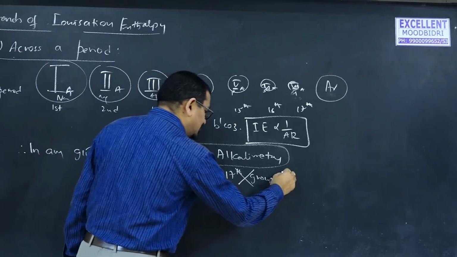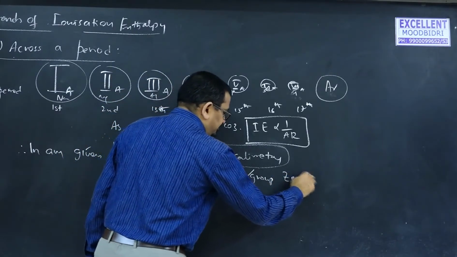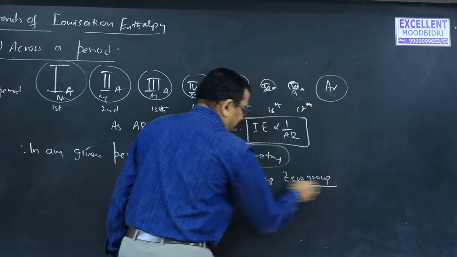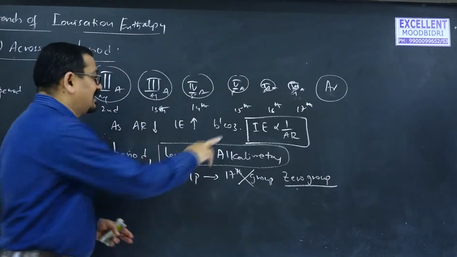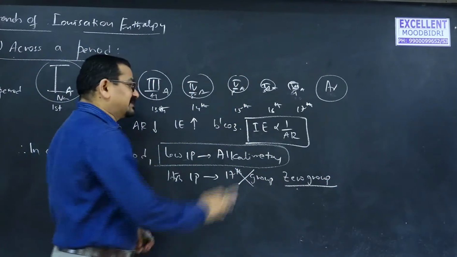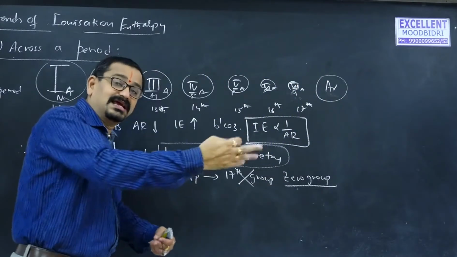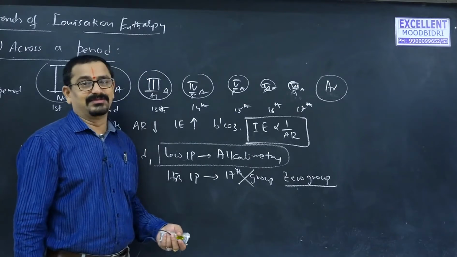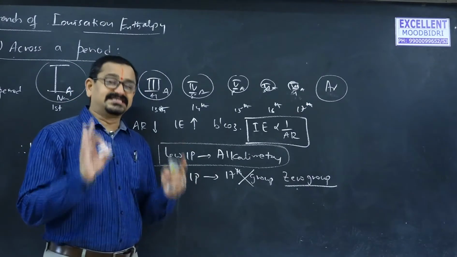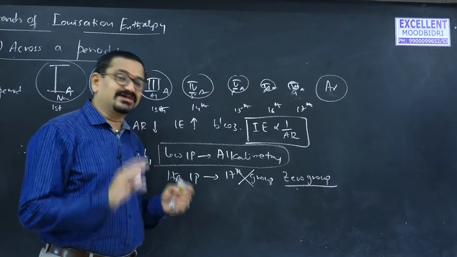So it is not the 17th group, it is the 0 group element. Understood? So that's why I am writing the relation first. With respect to the relation, everyone will answer this. But in practice, the noble gas will have the highest ionization enthalpy. Because of what factor? Stable, completely filled electronic configuration.